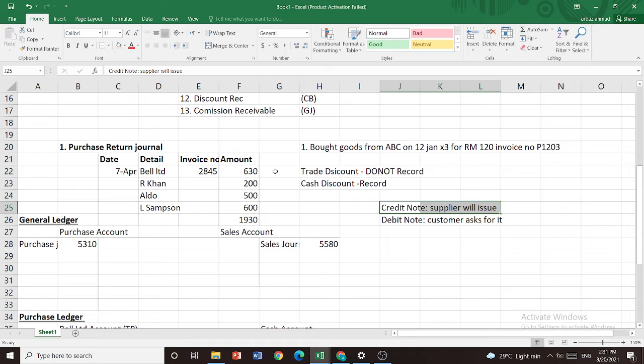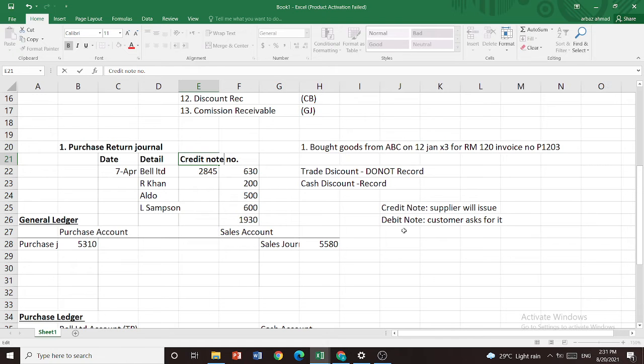If you look on page 78, they have given you an example of how the credit note looks and how the purchase return journal looks. So you have date, you have detail, but instead of invoice number, you have credit note number.